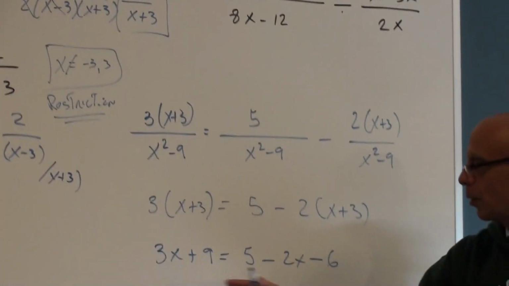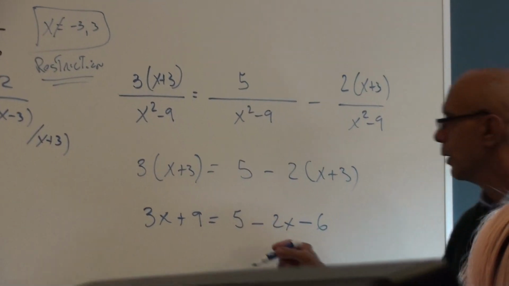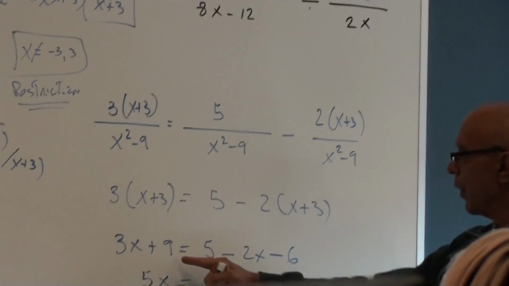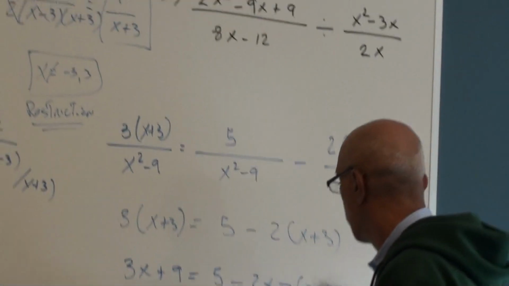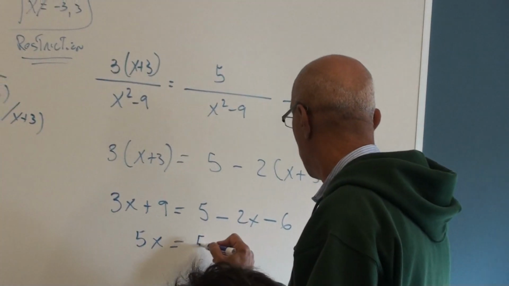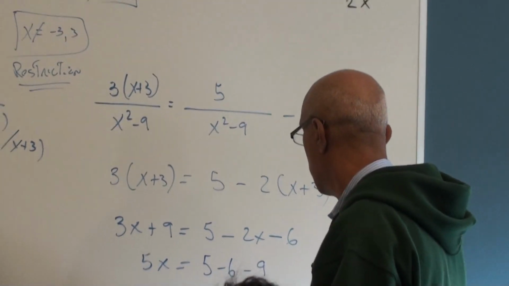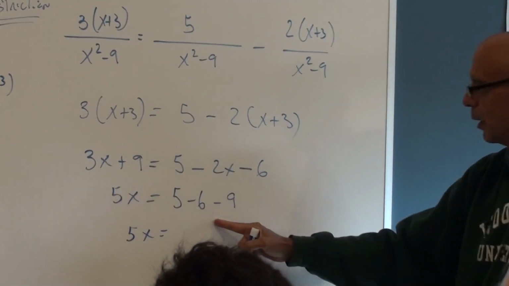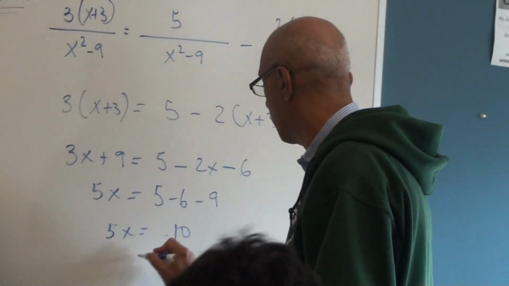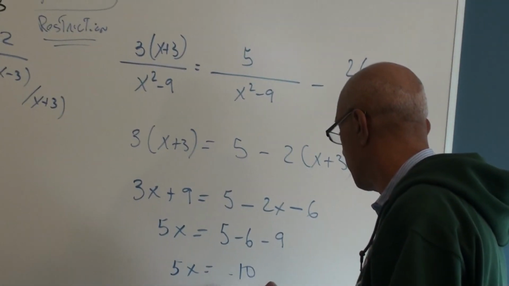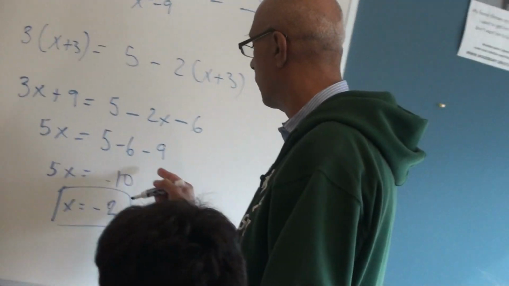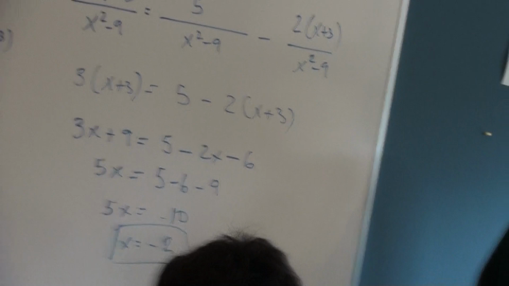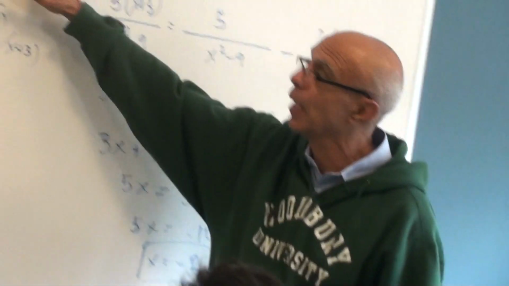Let's move x to the left side, so I add, and I'm going to have here 5x equals, 9 goes to the other side, 5 minus 6 minus 9, so 5x equals negative 10, so x is negative 2. Negative 10 divided by 5 is negative 2. So that is the solution, okay? That's how you solve this kind of problem.